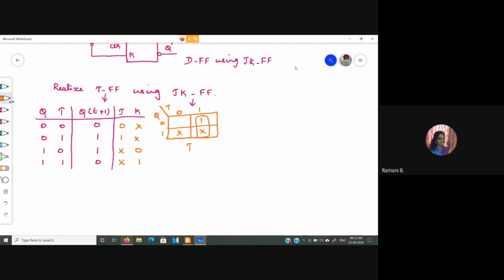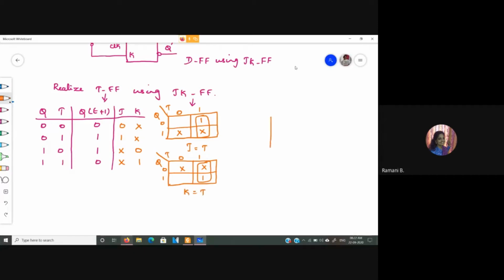So we have J is equal to T. And with the K value, we have don't care in 0 and 1 and 1 in 3. So K is equal to T.